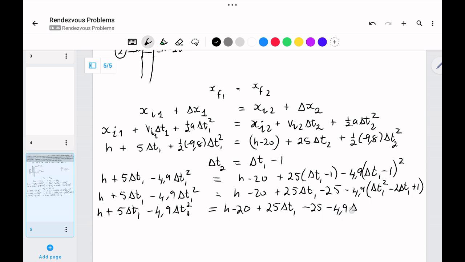Minus 4.9 delta t 1 squared. Now, minus 4.9 times minus 2 delta t gives me plus 9.8 delta t 1. And then minus 4.9 times 1 is minus 4.9.